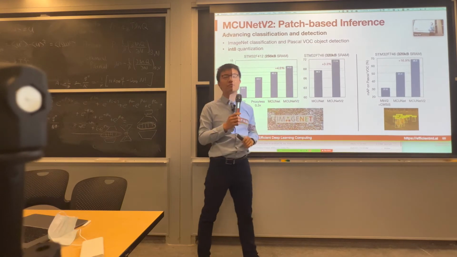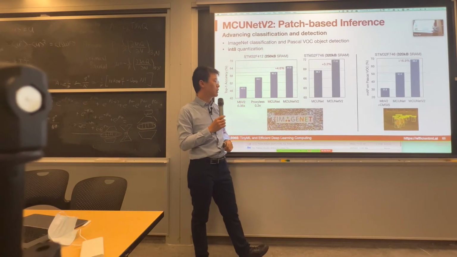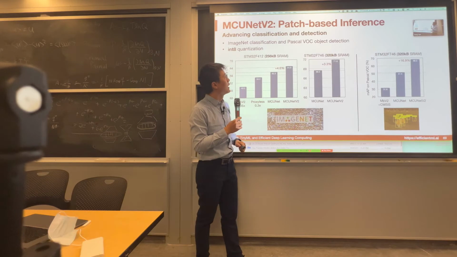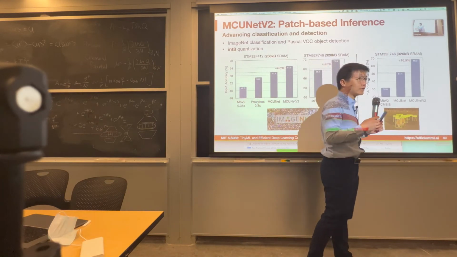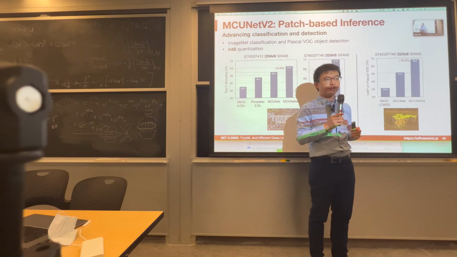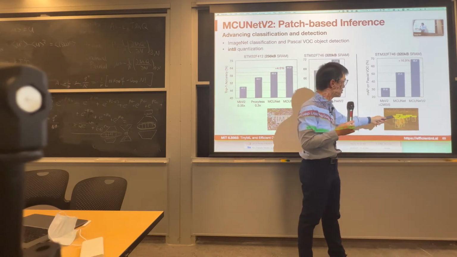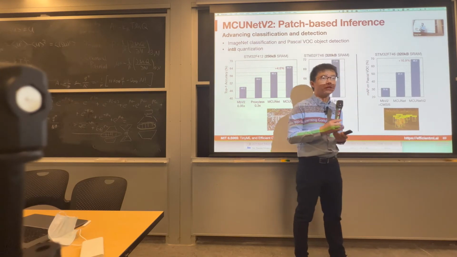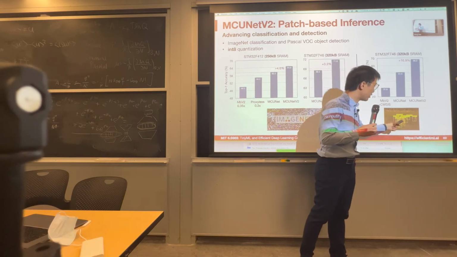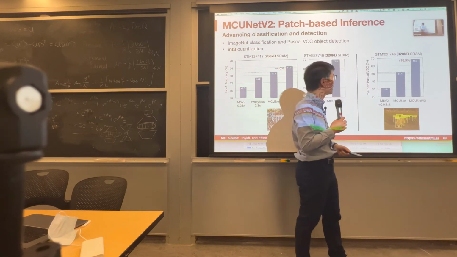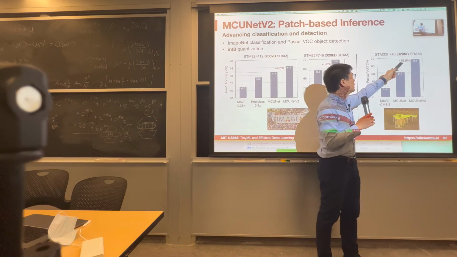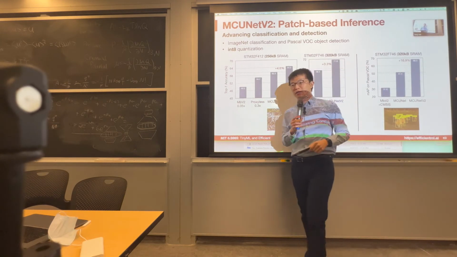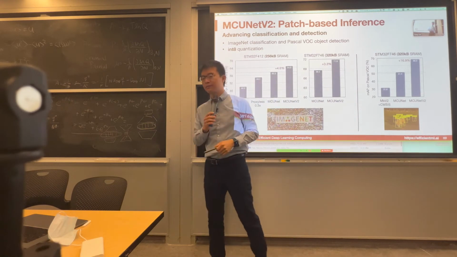This is Cortex-M7 with slightly larger memory. And on the right-hand side is the detection accuracy. Detection is a different task. We want to not only classify what it is, but also draw the bounding box for each object. So from MobileNetV2 to MCUNetV2, there is a 16.9% improvement of top-1 accuracy.